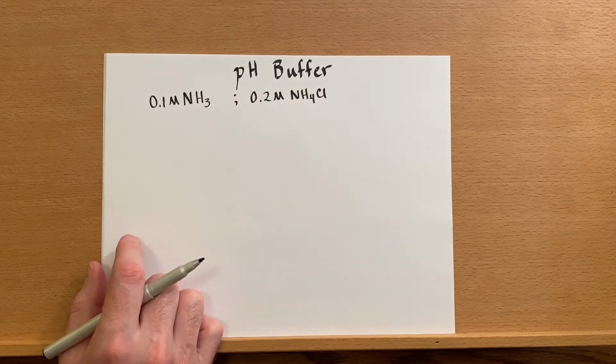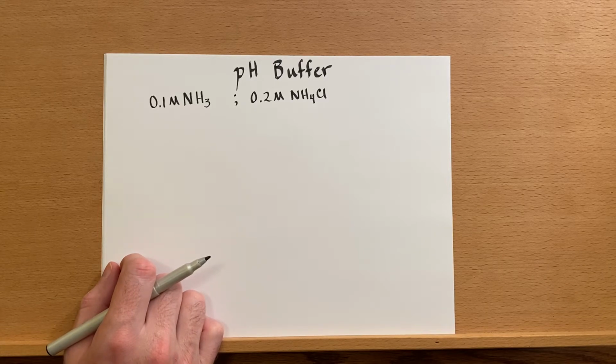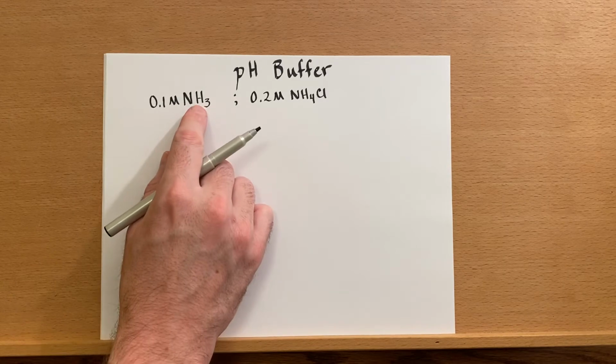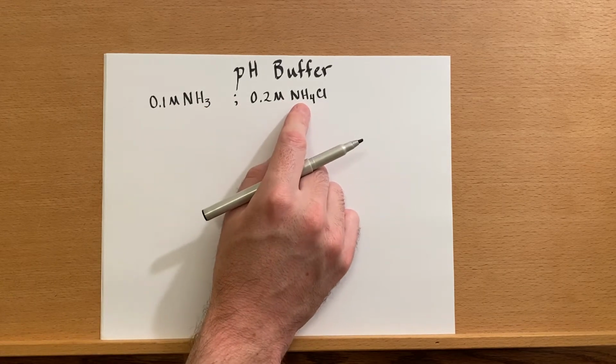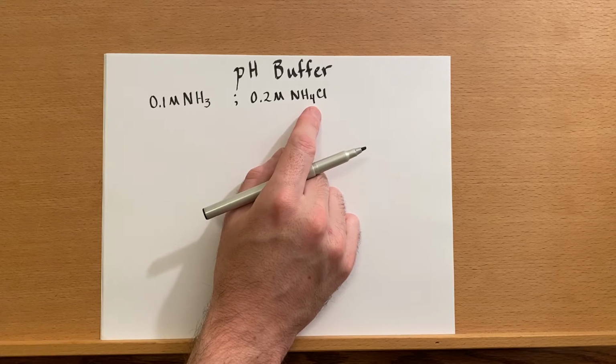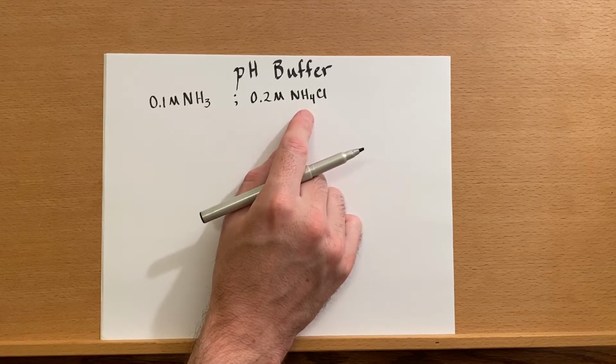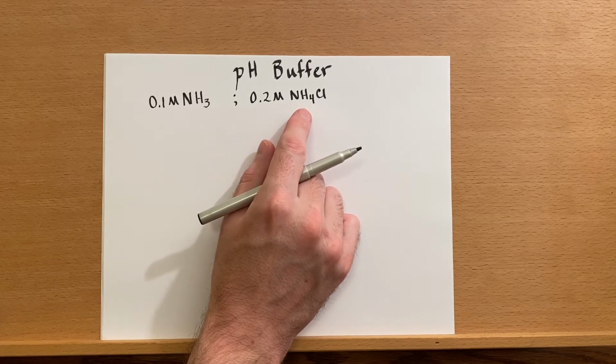Now, in order to use the Henderson-Hasselbalch equation, we will need to know the pKa of ammonia, or in this case, ammonium chloride, because this is the acid. So, we might be able to look that up in a table that has pKa values.